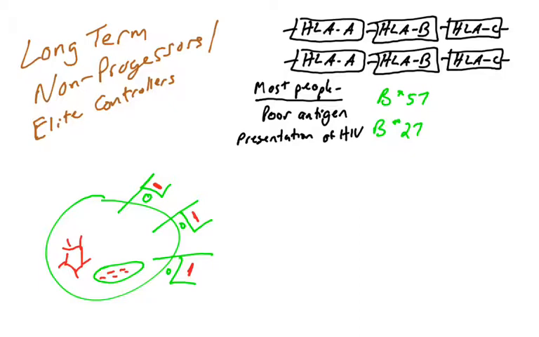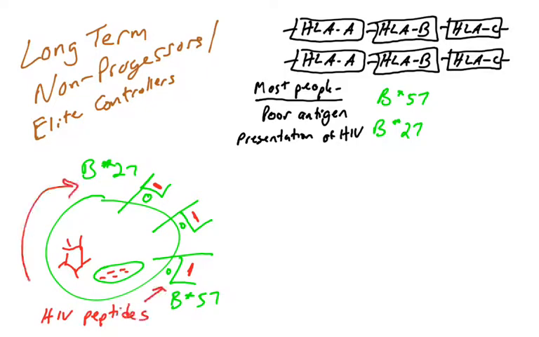Two alleles that have been discovered and well characterized are the B57 and the B27 alleles of the HLA-B gene. Individuals who inherit those alleles present peptides on their B27 isoform or B57 isoform, and those isoforms do a really good job of loading and presenting HIV peptides.